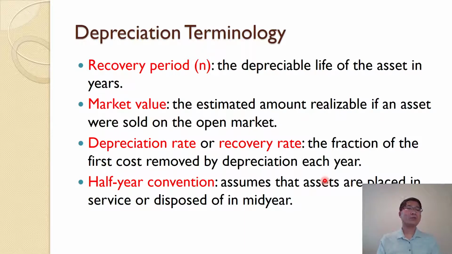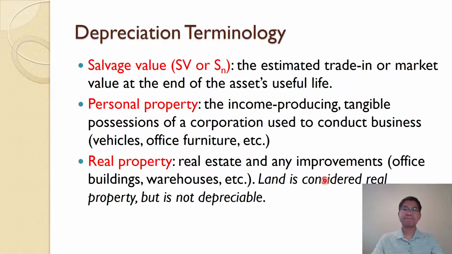Similarly, when you dispose of it at the end of life, after 5 years of use, you sell that equipment for the salvage value in January or December, regardless, we consider it mid-year of that year, so half of the last year. That is what the half-year convention is about.